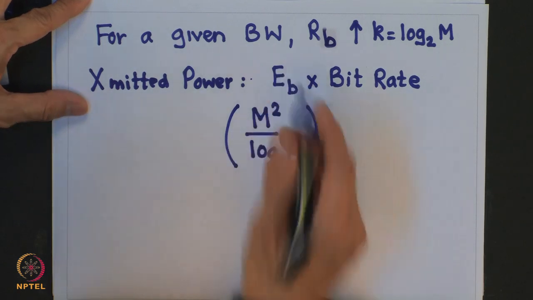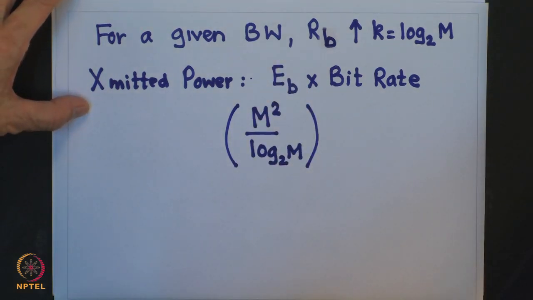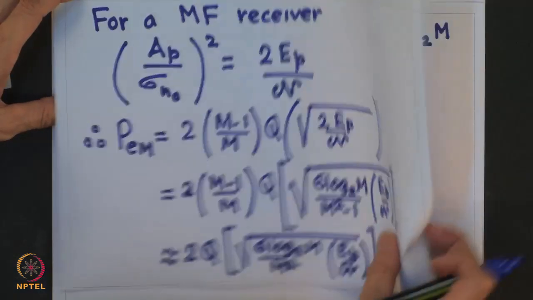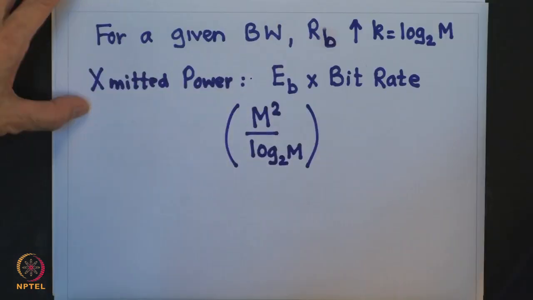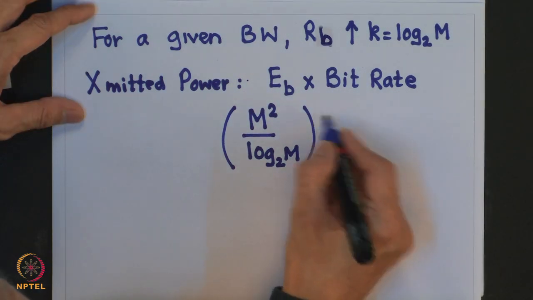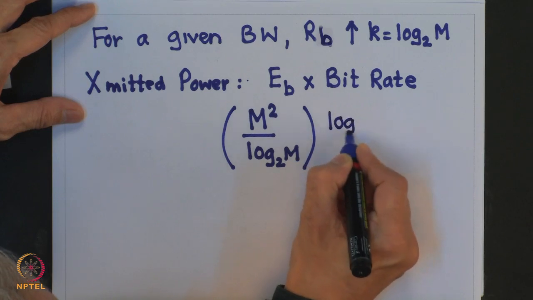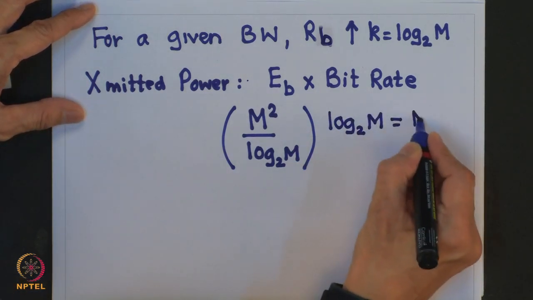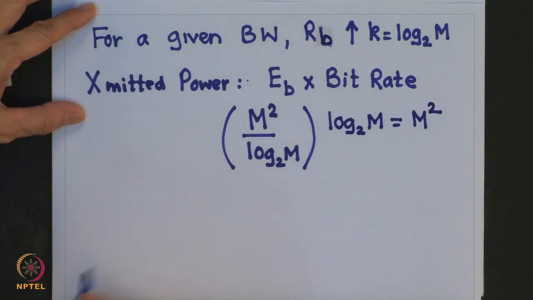This is the increase in energy, if I want to keep the performance the same. And there is an increase in the bit rate because I have kept the bandwidth the same, and the increase in the bit rate is going to be this quantity. So, this means it is going to be M squared. So, this is an exponential increase.